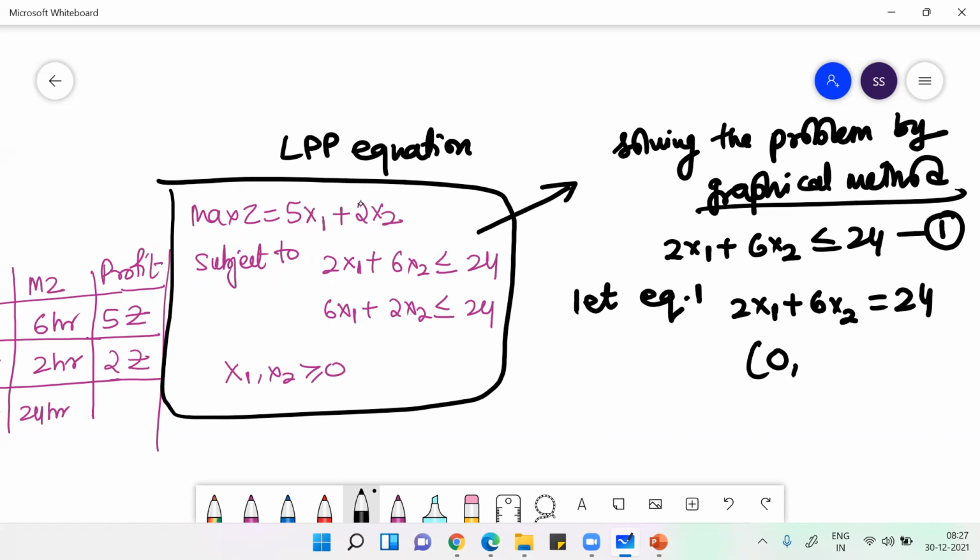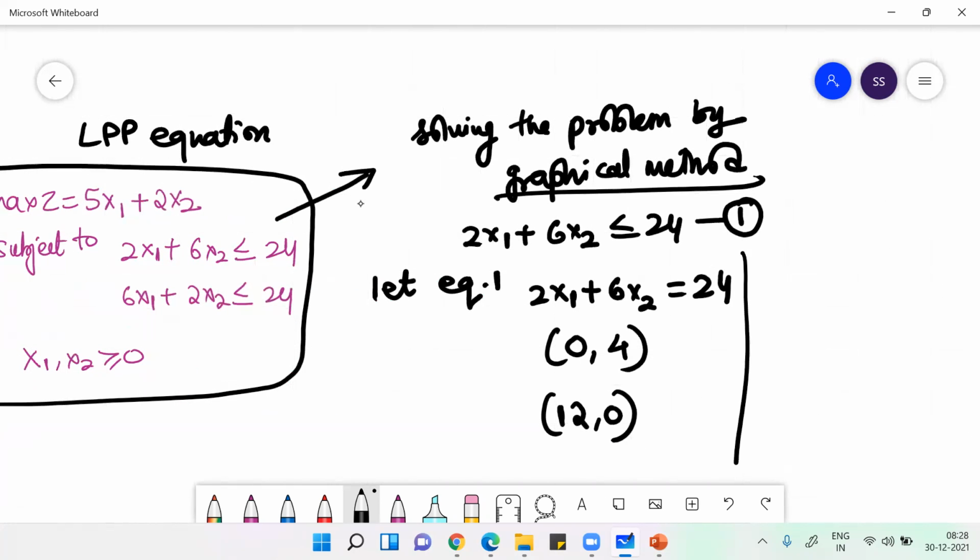If I put x1 as 0, then x2 will be 4, right? Similarly, if I put x2 as 0, then x1 will be 12. You can find any value of x1 and x2, because I hope you remember coordinate geometry, the quadrant system and all. We are just using that to draw the line here.